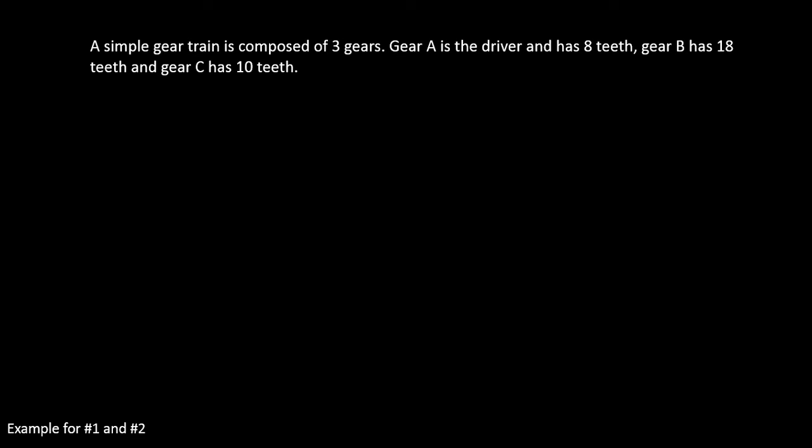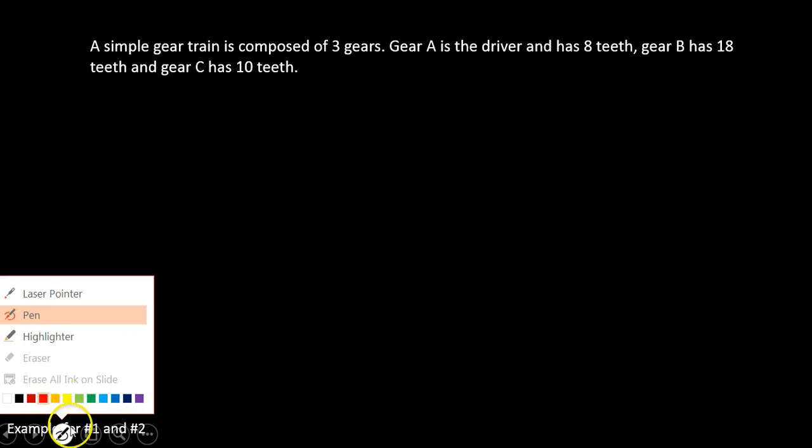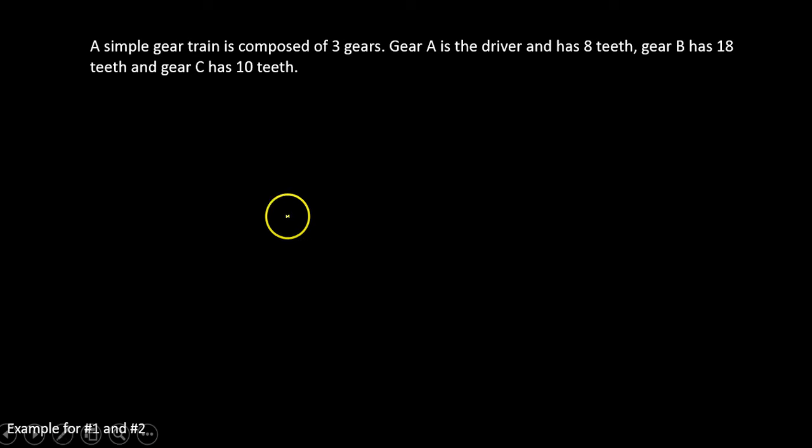A couple things we need to know first, though, is that there are some formulas that we have to keep in mind as we go through this. Let me take yellow. So we're looking at gear ratios.